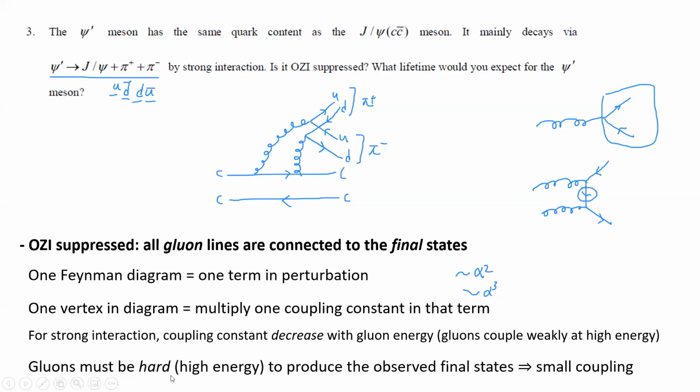That means the gluons will be hard. So the coupling constant will be small, and that means this diagram will contribute a smaller term in the perturbation, and that means the decay rate will be smaller, and so the lifetime will increase.